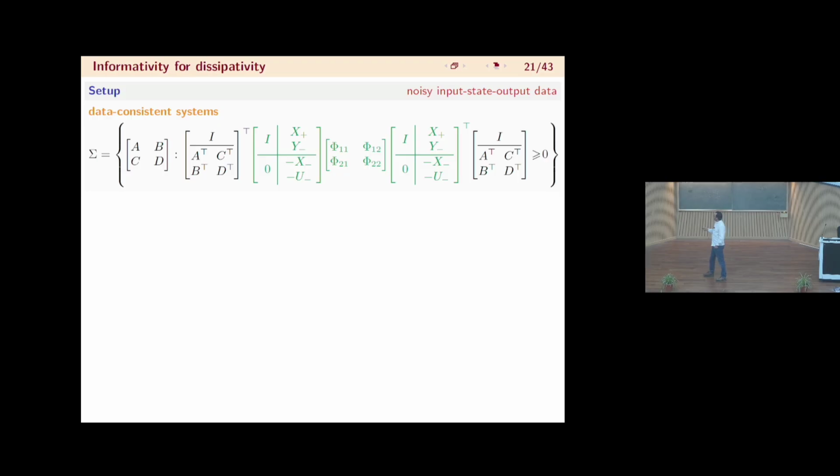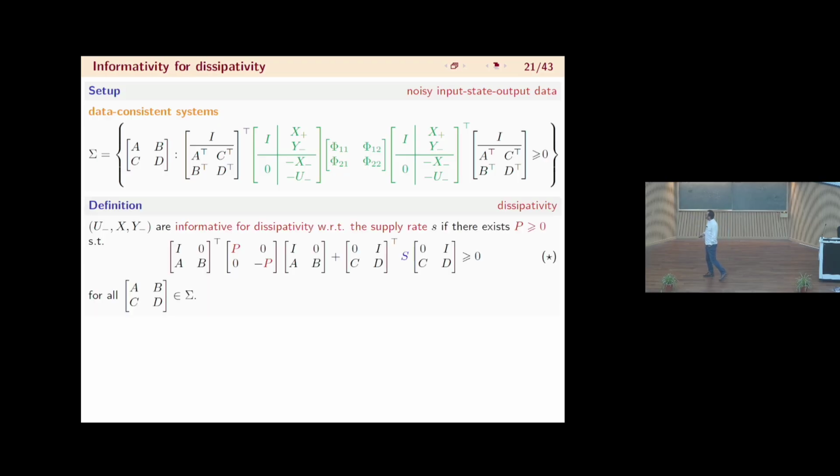So I have these data consistent systems, and at the end of the problem, I want to analyze the dissipativity.